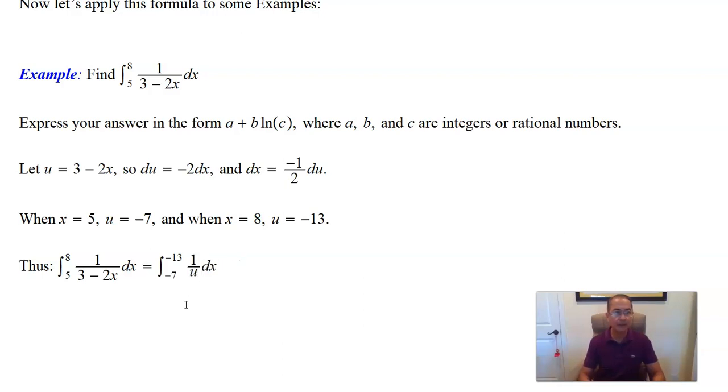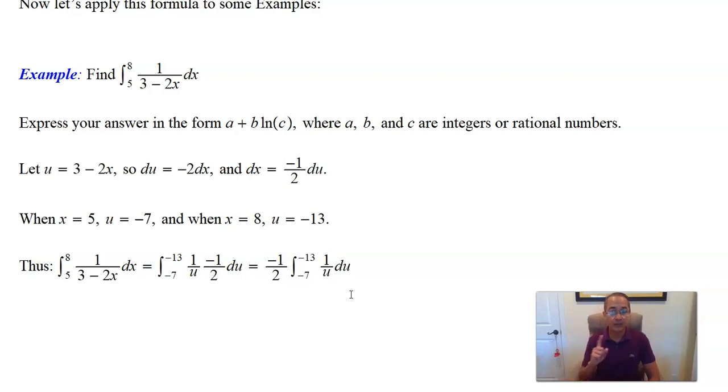And our dx is negative 1/2 du. So we're going to copy this over here. Okay. So, well, we can, as usual, take the negative outside. That's just a real number, a constant. And the rest is still there.